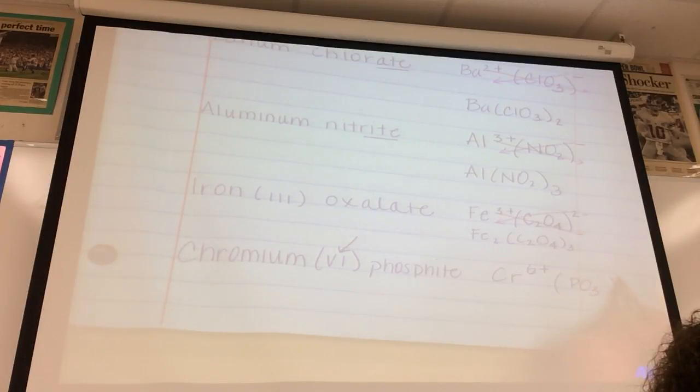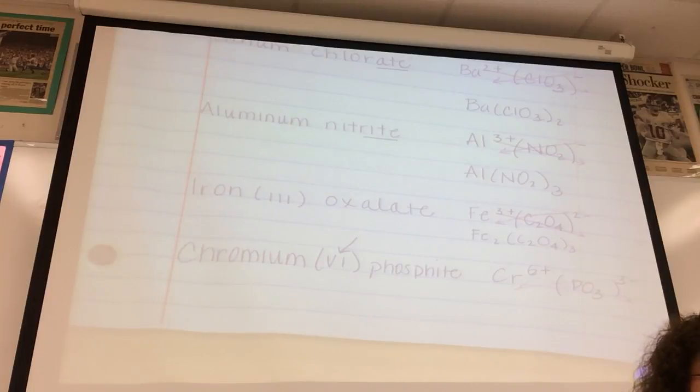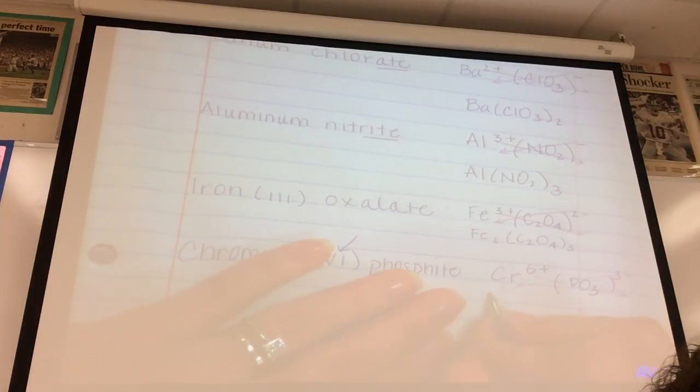PO3, 3 minus? Okay. Hang on. So you had Cr3, PO3 with a 6, and then what?